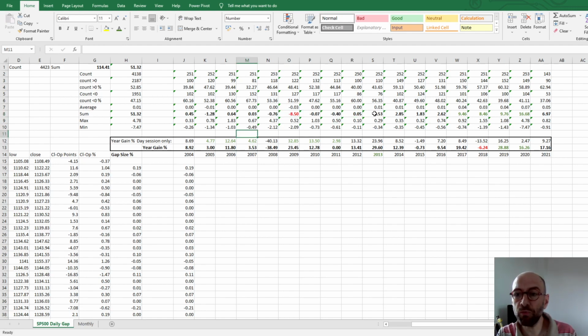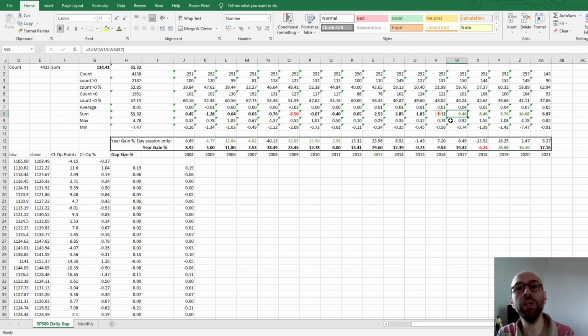But then from 2013 to 2021, you could start to see very large gains overnight. Frequently the market opens with a gap up, so the open is much higher than the previous day's close, and it seems that most of the gains are overnight.